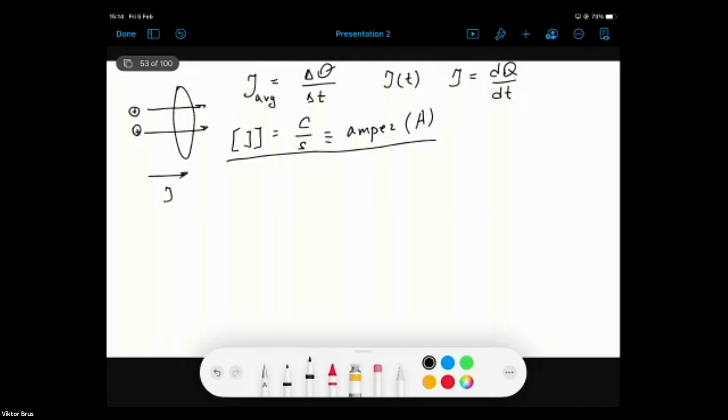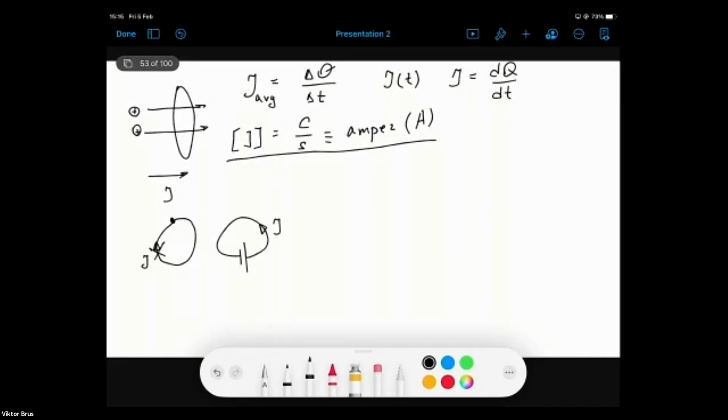So if we take a metal wire and connect its beginning with its end, there is no electric current because there is no potential difference between the beginning and end of this wire. However, if we connect such a wire with a battery, then there will be electric current.